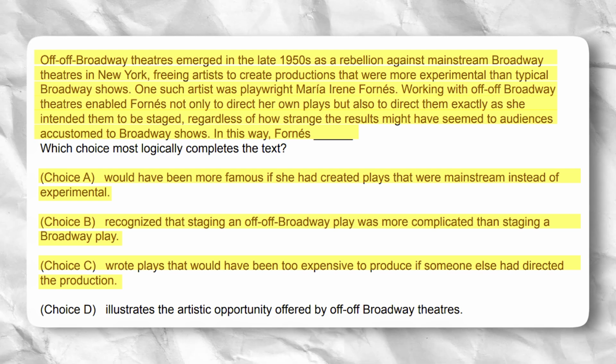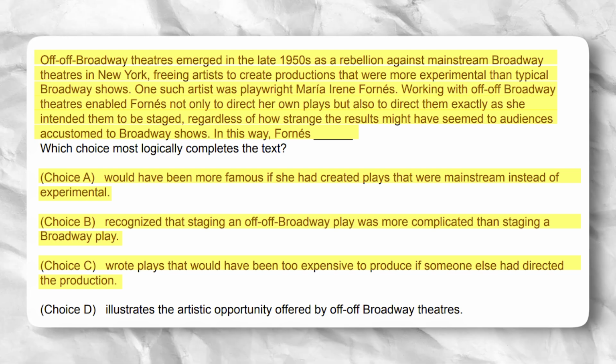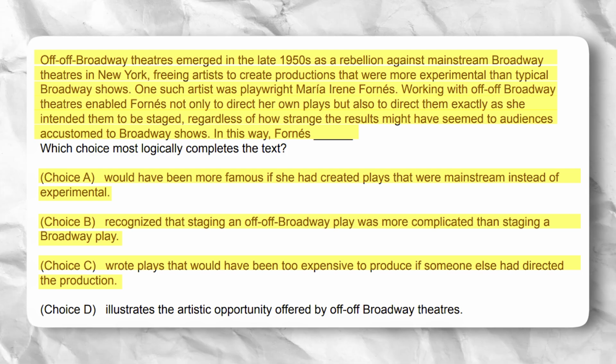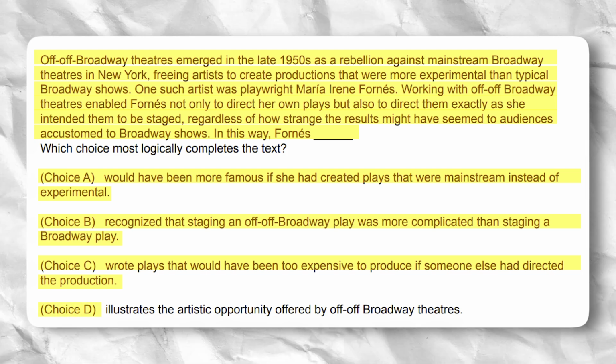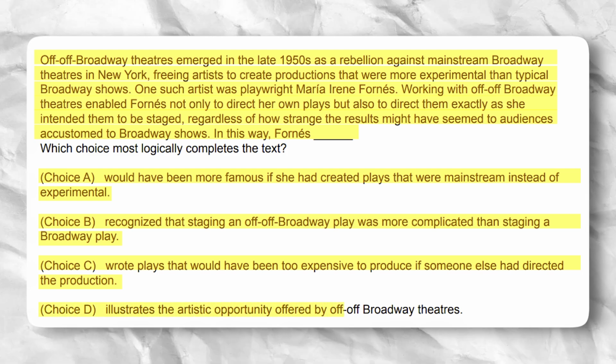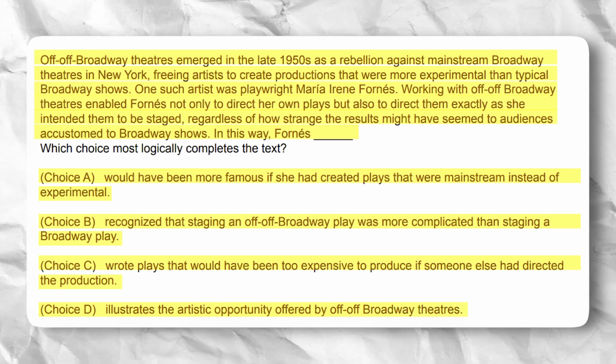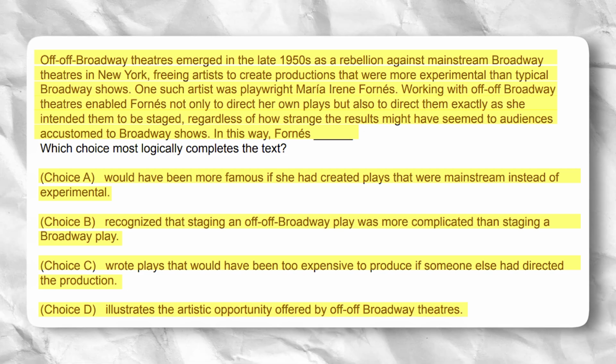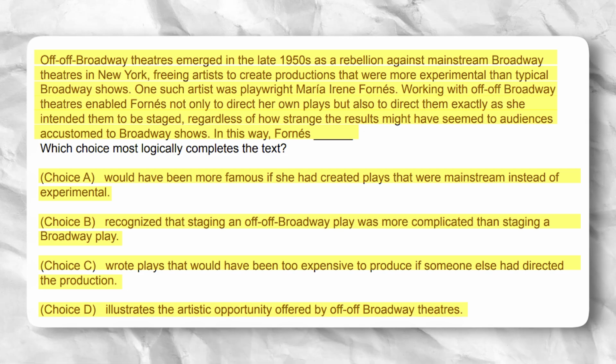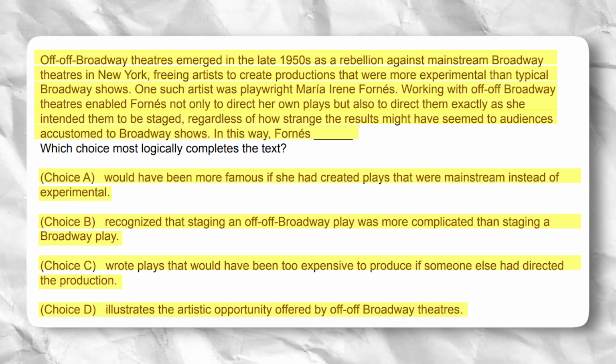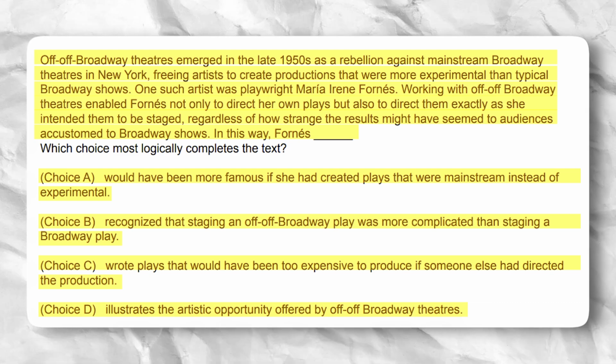Going with that, but we can park it, not exactly the same. Just read out the last option. Illustrates the artistic opportunity offered by off-Broadway theaters. Now, is she illustrating the opportunity offered by theaters, or now we have to choose between option C and D. C seems like more appropriate.